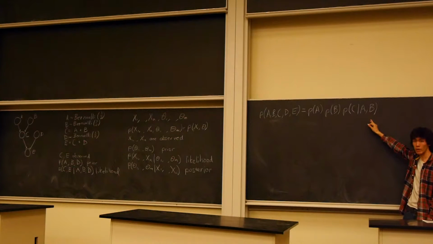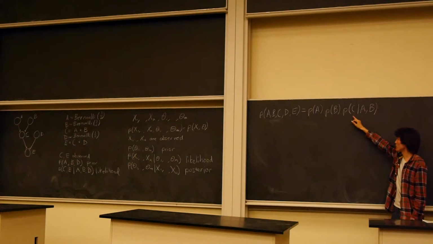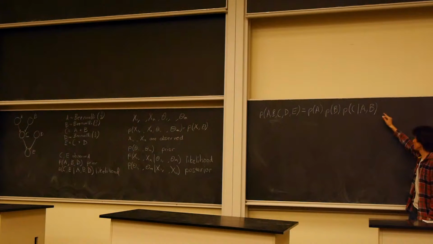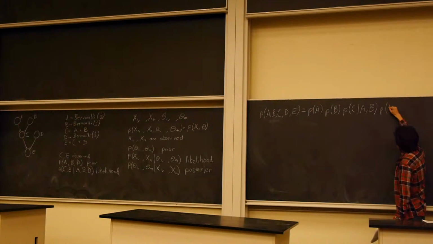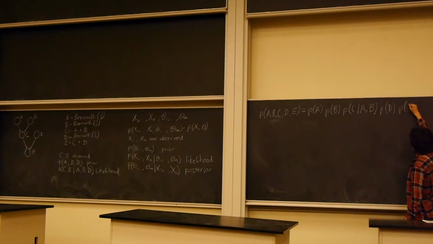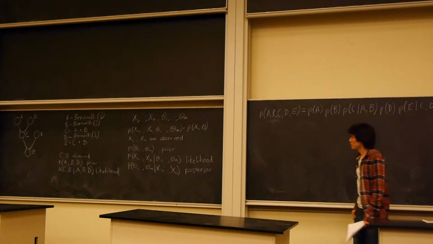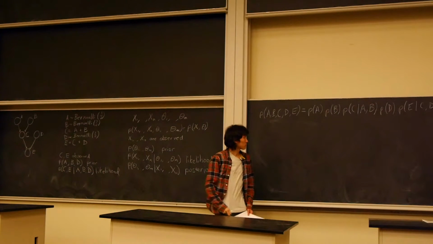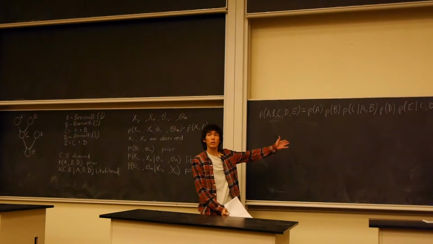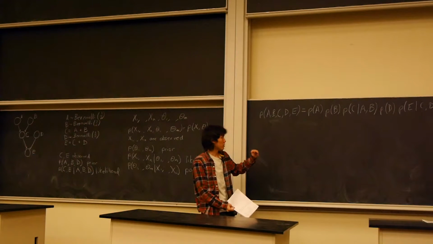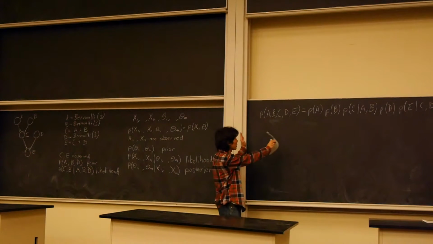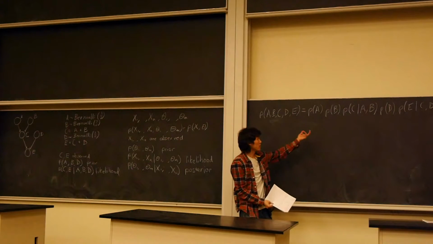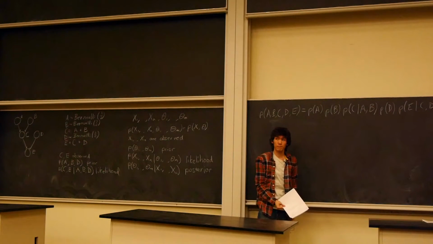C has A and B as parents, so this term is probability of C given A and B. So this is the factorized form of the joint distribution, and it's really useful because instead of having this massive joint, we've simplified it into smaller probabilities.